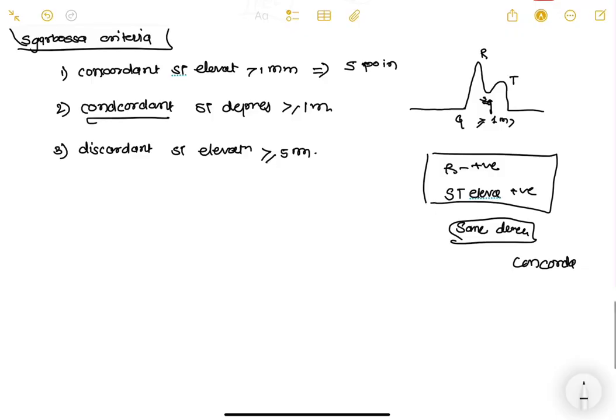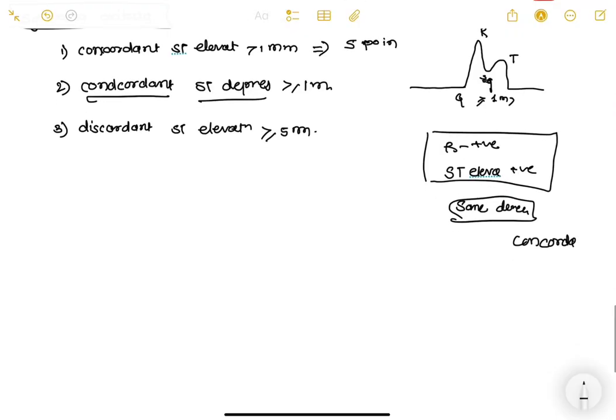Similarly, concordant ST depression. Suppose this is your Q wave, this is R wave, this is your T wave. Just flip this ECG pattern. Q, R, S and T. So this is equal to or more than 1 mm.